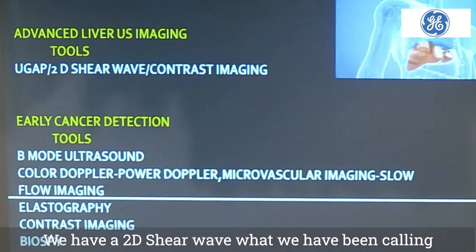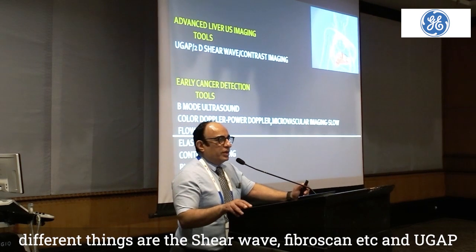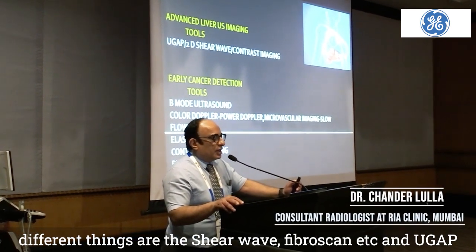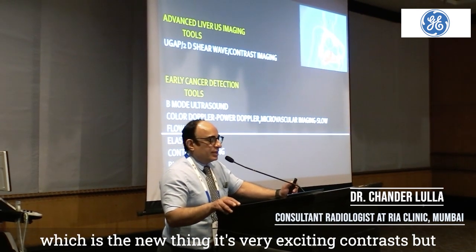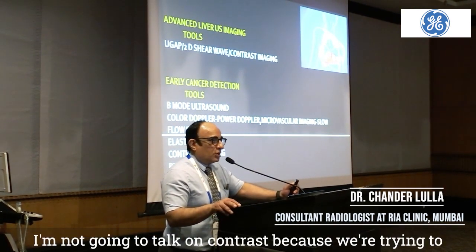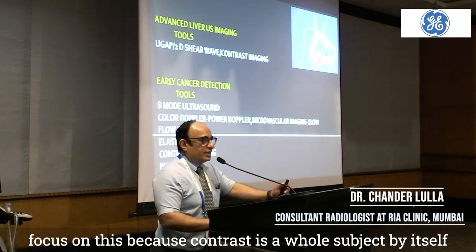We have 2D shear wave, which we have been calling different things: RFE, shear wave, fibroscan, etc. And UGAP, which is the new thing, which is very exciting. Contrast, but I'm not going to talk on contrast because we're trying to focus on this, as contrast is a whole subject by itself.